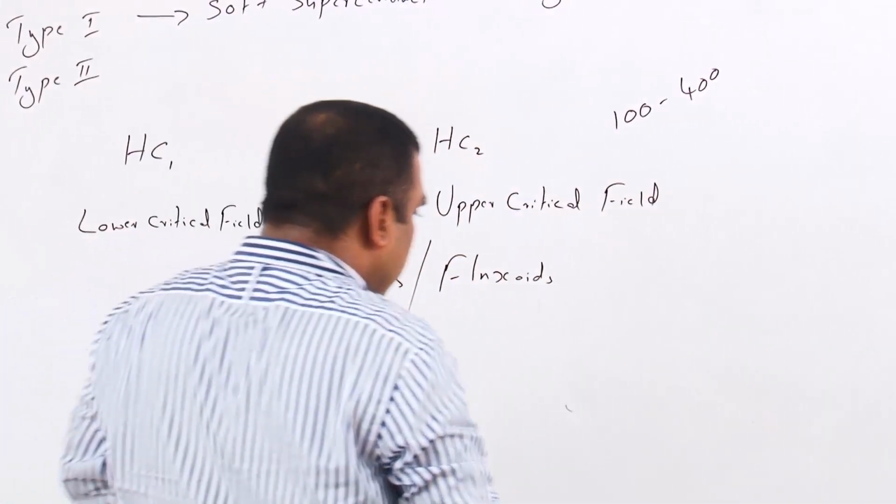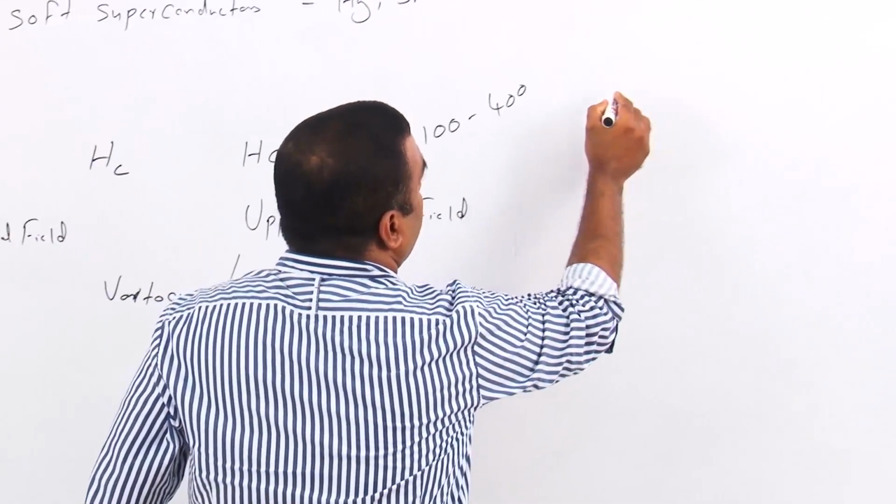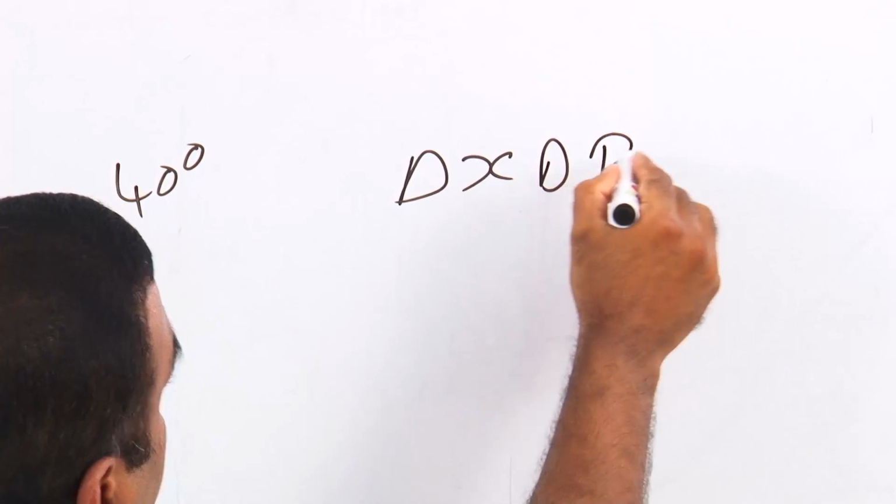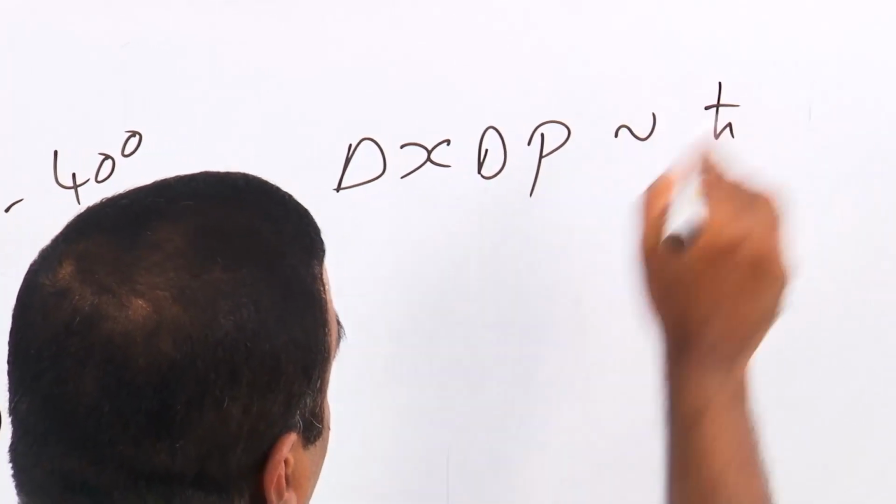Now, we know from the uncertainty principle, delta x delta p is of the order of h cross.